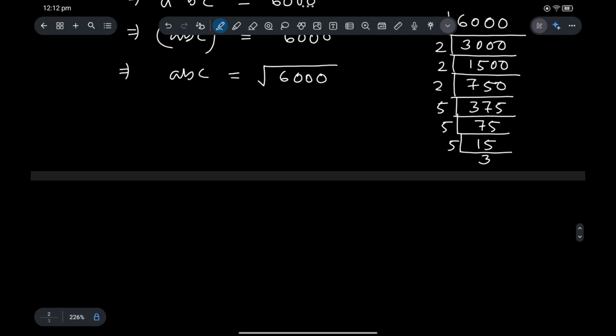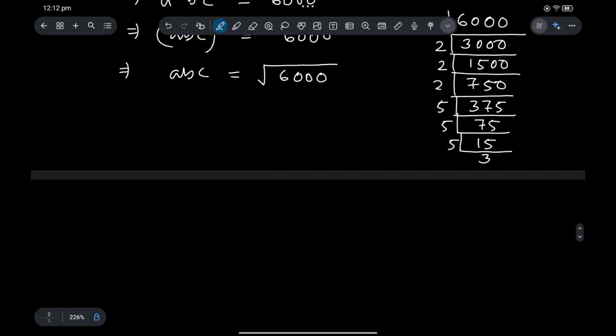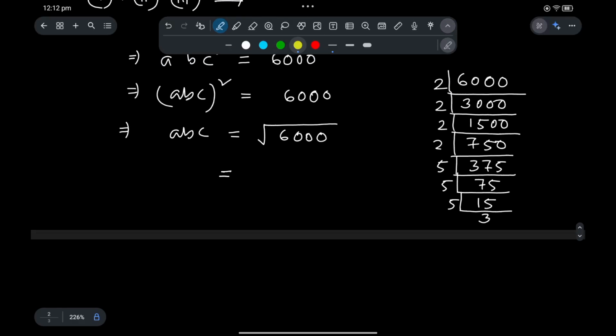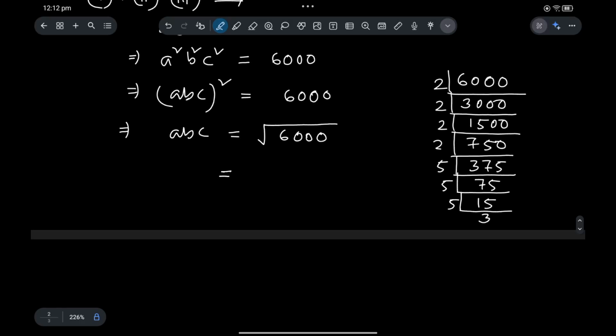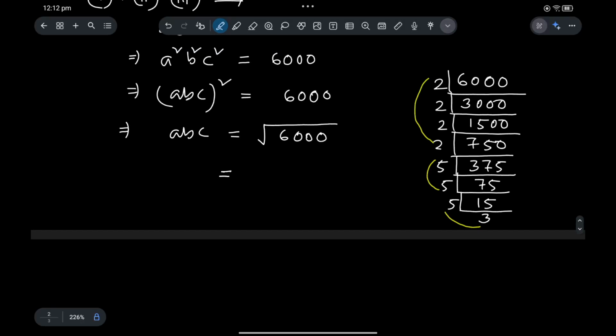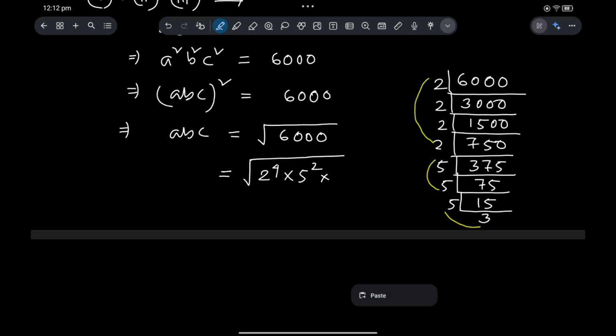So we can write this equals 2 to the power 4 into 5 to the power 2 into 5 into 3, 15.